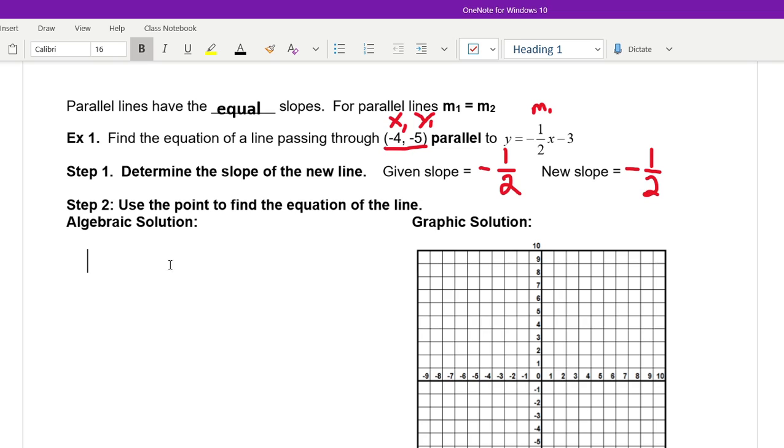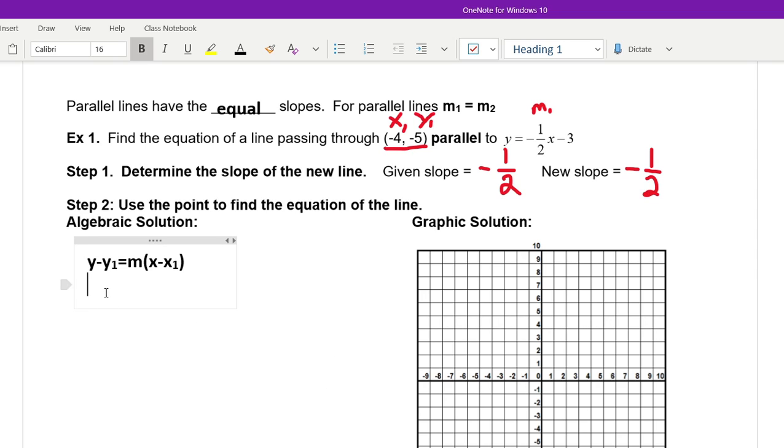So to show the first step of writing the equation, we have y minus y1 equals the slope times x minus x1. So we are using the point-slope formula because we are given a slope and we have a point that we are going through.